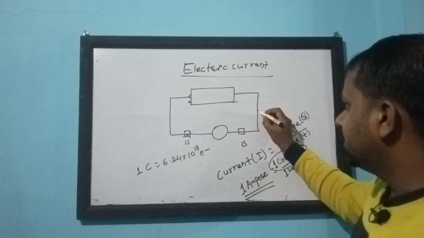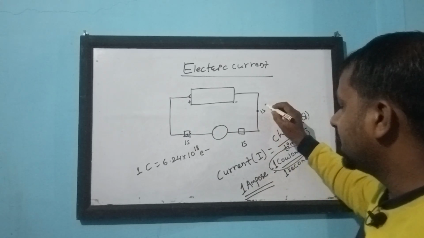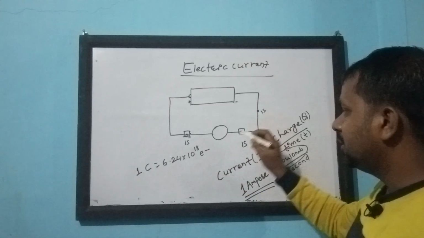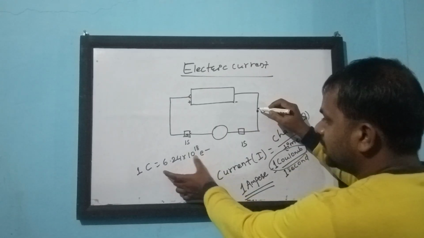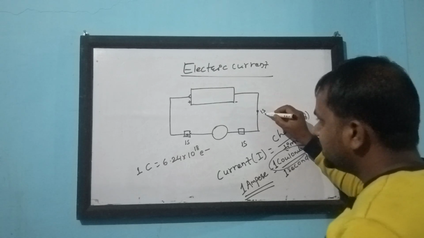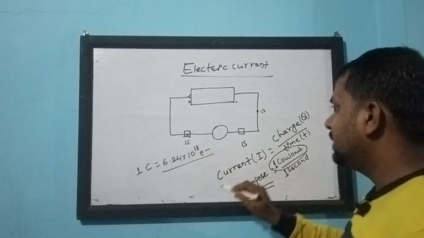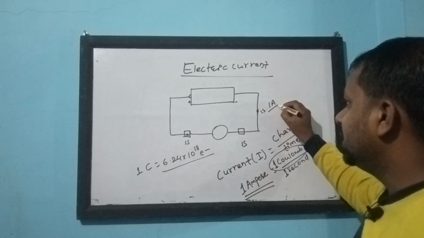If from any point, suppose at this point, in 1 second 6.24 into 10 to the power 18 electrons are moving from this point, then that gives us the idea that the value of current over this point is 1 ampere.